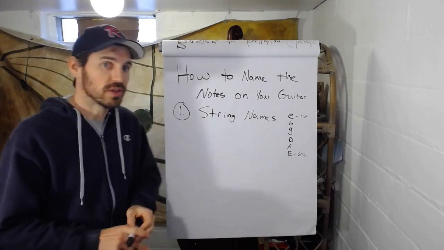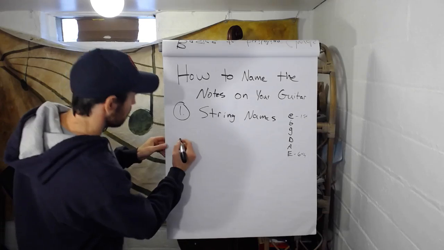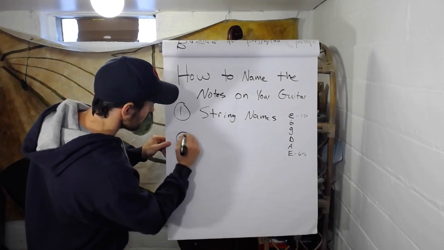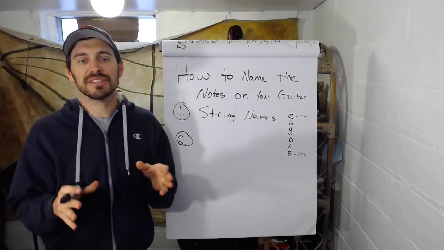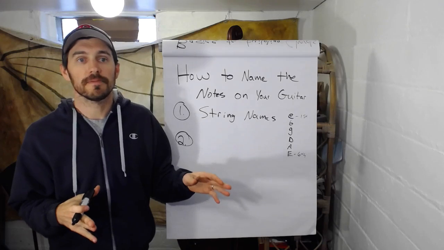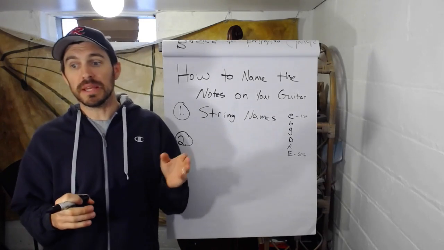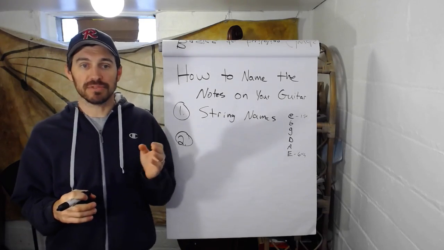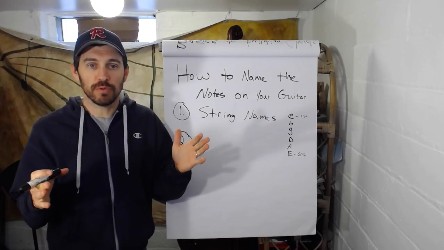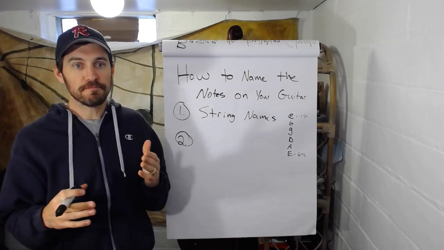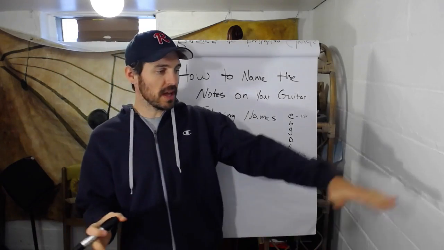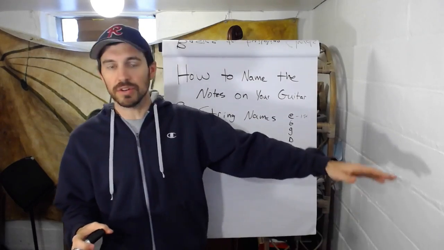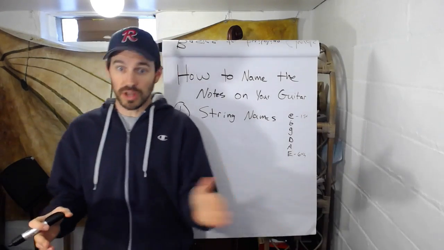Okay, so the second thing you need to know, big one here, is you need to know that there's a half step between the notes E and F and B and C. Okay, a half step. So now if we think about the musical alphabet, A through G, right? And we can think about that musical alphabet on a piano, A through G, all the way up.